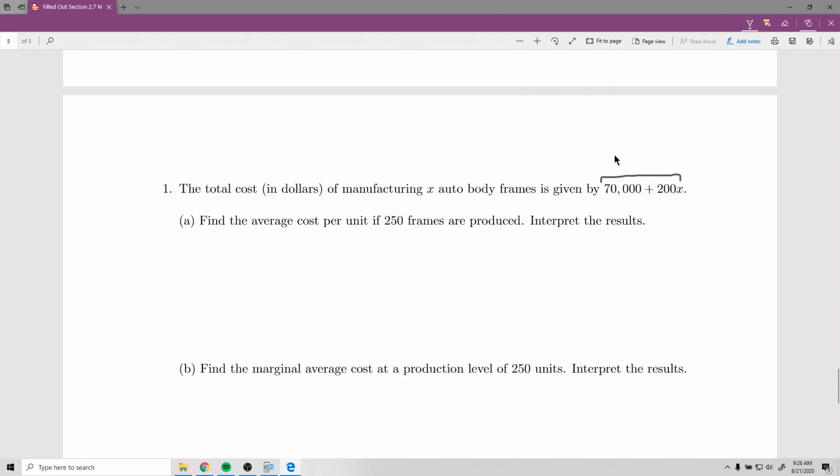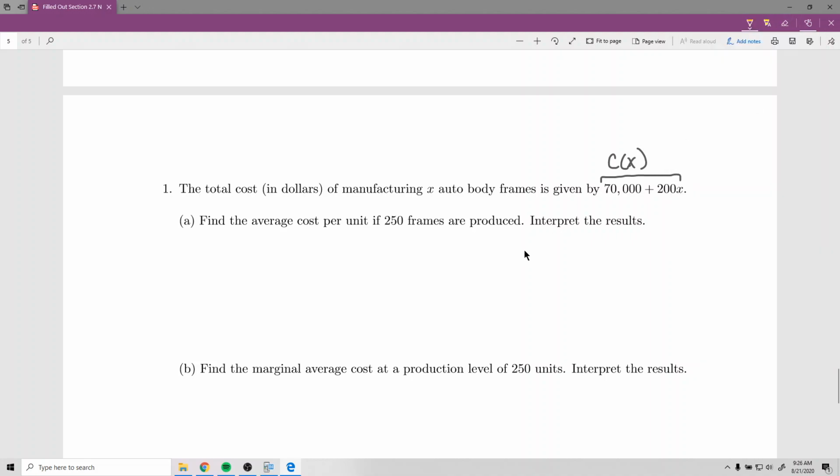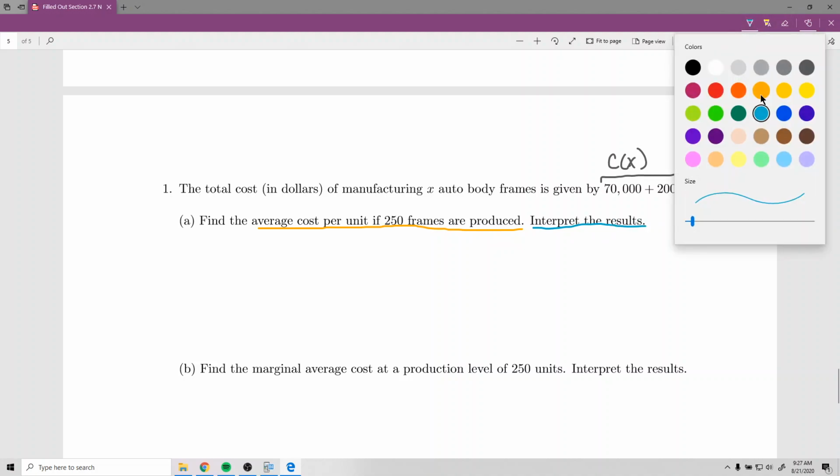So I like to give things names even though you don't need to here because it's telling you the total cost. We got C of x equals 70,000 plus 200x. The first part says find the average cost per unit if 250 body frames are produced, and then interpret the results.